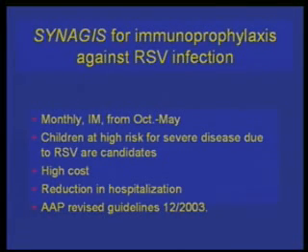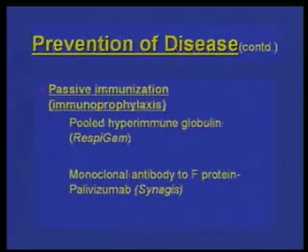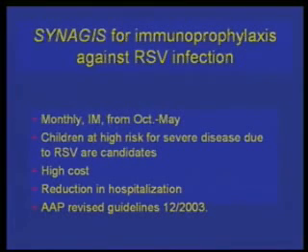The guidelines for use of Synagis or palivizumab were revised in 2003, and these are the current guidelines that we're using. And these target, again, the high-risk individuals, the infants, as well as some of the children with congenital heart disease, because with the previous studies with this product, they were not sure if this might be causing some problems, actually causing more complications, not RSV-related, but other complications like fluid volume-related in those subset of kids who have congenital heart disease.